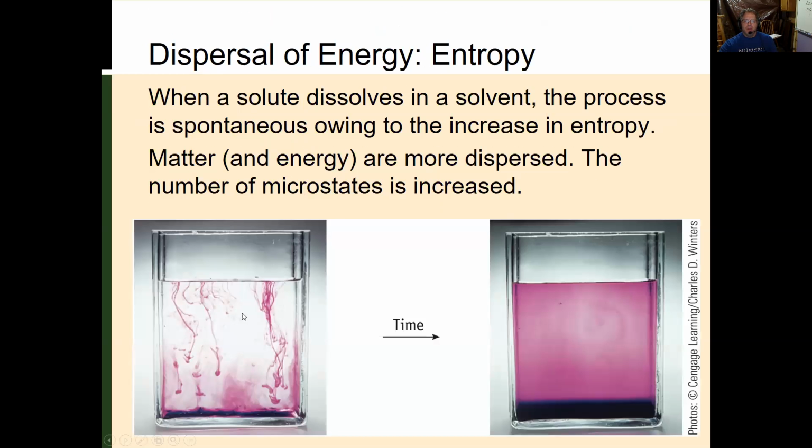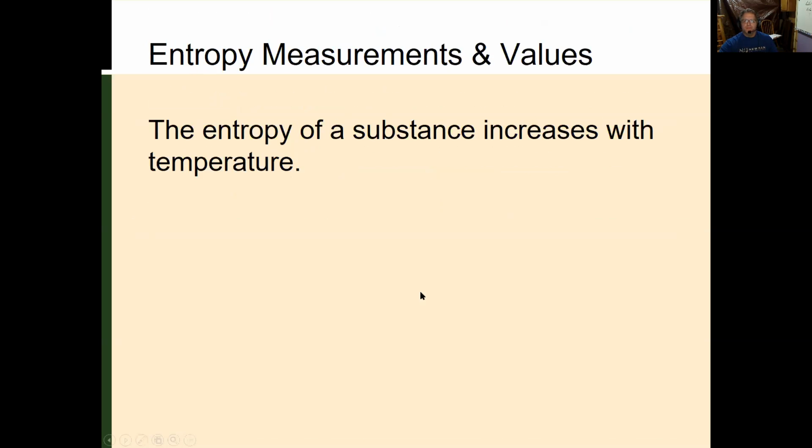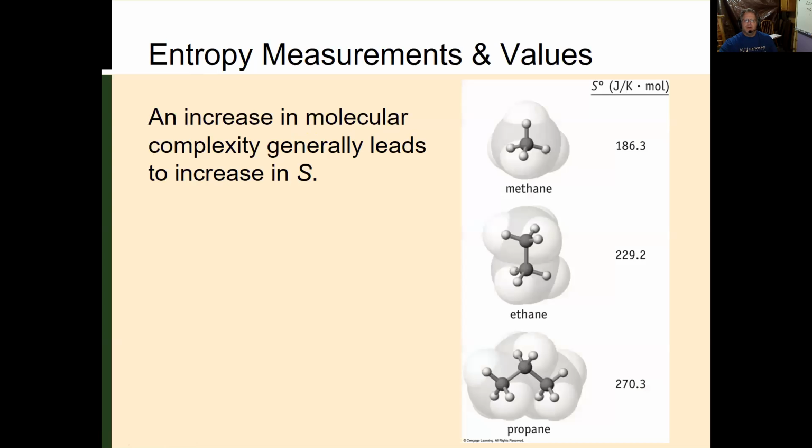And we can see that, you know, if we take a solute and dissolve it, we're going to have an increase in entropy. Matter and energy are going to be dispersed, and we have an increase in the number of microstates. Now, the entropy of a substance increases with temperature because there are more possible ways that it can be arranged. Okay, an increase in molecular complexity leads to an increase in entropy.